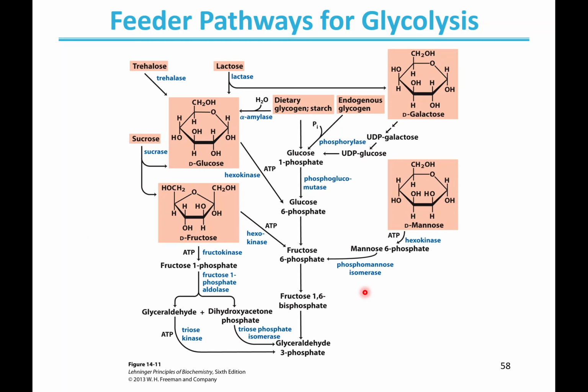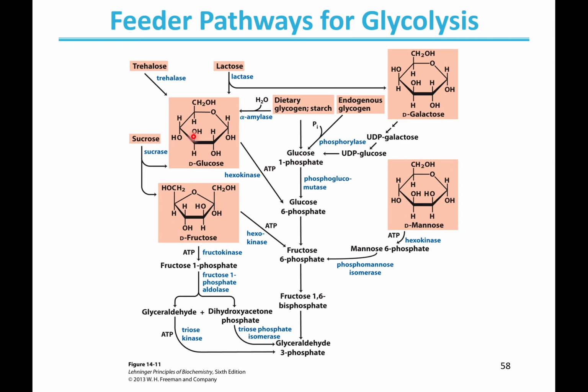So fructose, galactose, and mannose enter glycolysis all at different points. You don't need to know these in this class. We're not going to be testing on this. The feeder pathways are shown here. So, some different sugars you can have: sucrose, where an enzyme called sucrase hydrolyzes it into one molecule of glucose and one molecule of fructose.